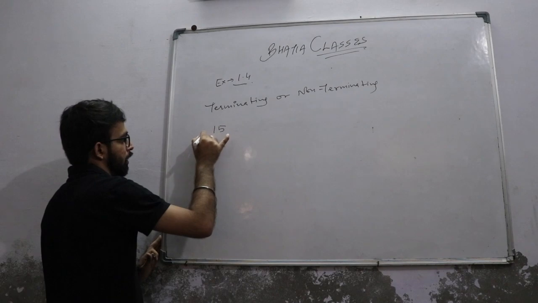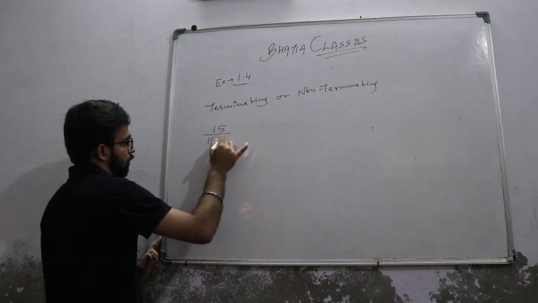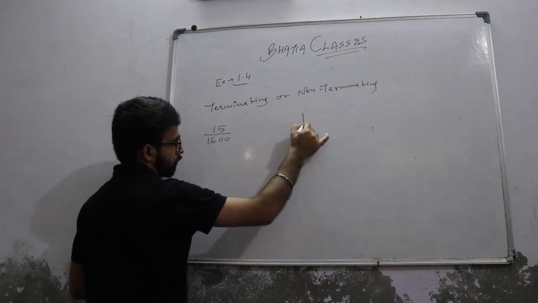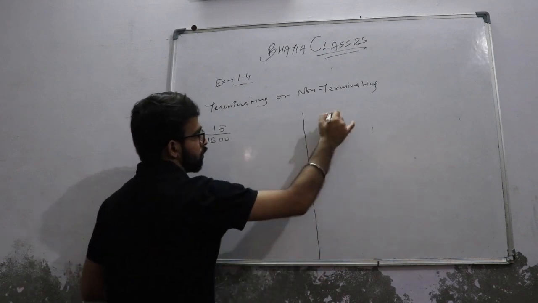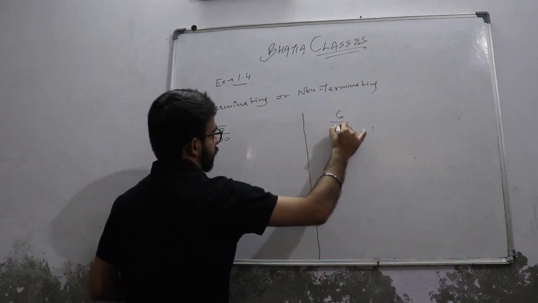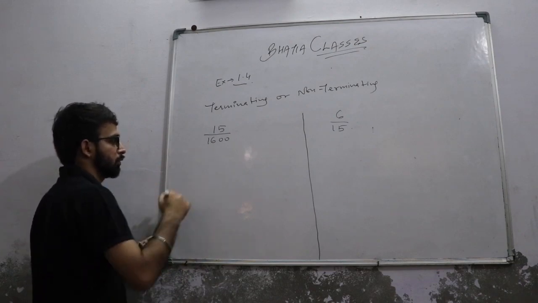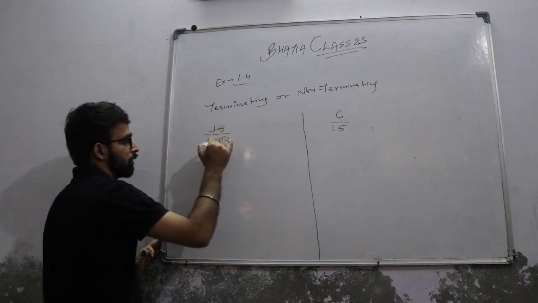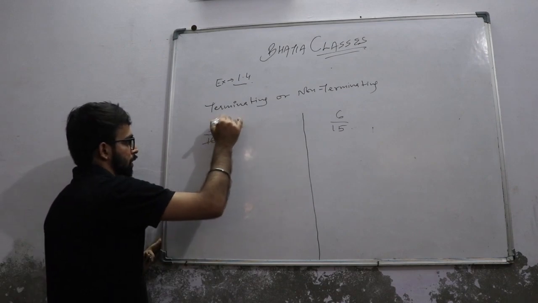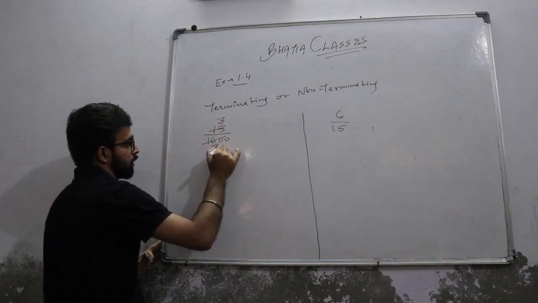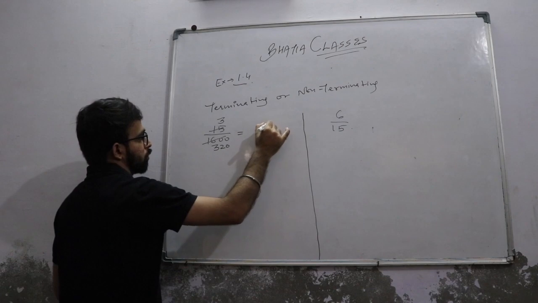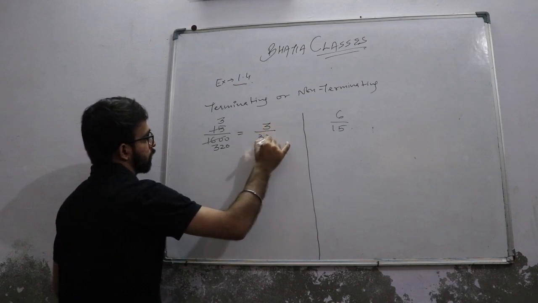15 by 1600 and also 6 by 15. We will do these two sums. Let me start. If you can cut, then firstly cut these numbers. 5 into 3, and by cutting 1600 by 5, you get 320.